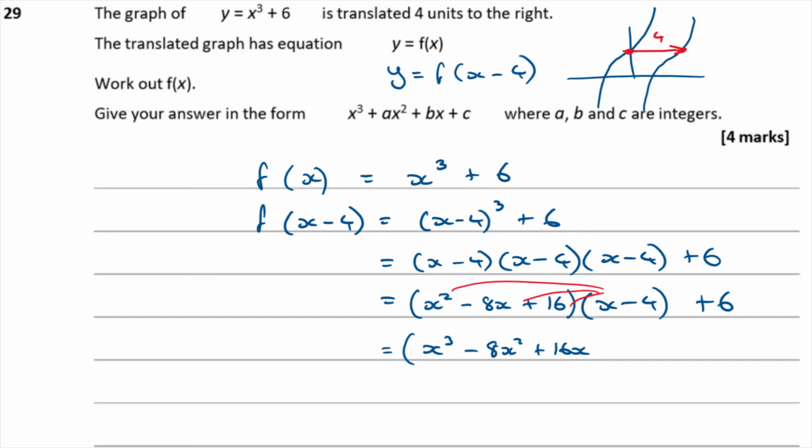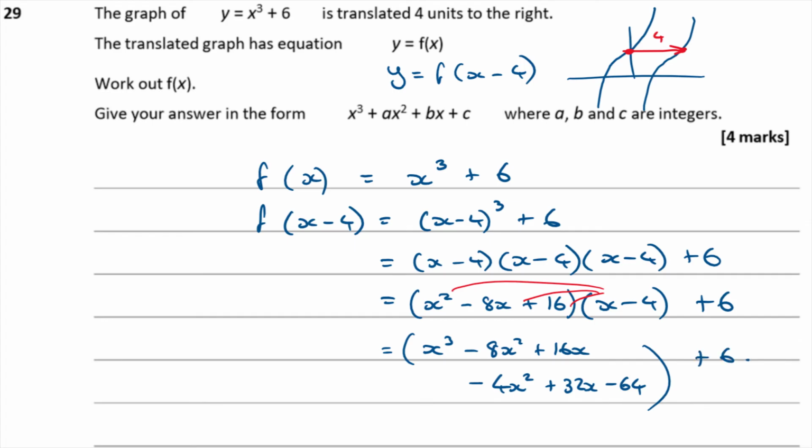And then multiplying everything by minus 4, I'm going to get minus 4x squared. Negative 4 times negative 8x is positive 8, 16, 32, isn't it? 32x. And then minus 4 times 16 is minus 64. And then I've got plus 6 on the end.